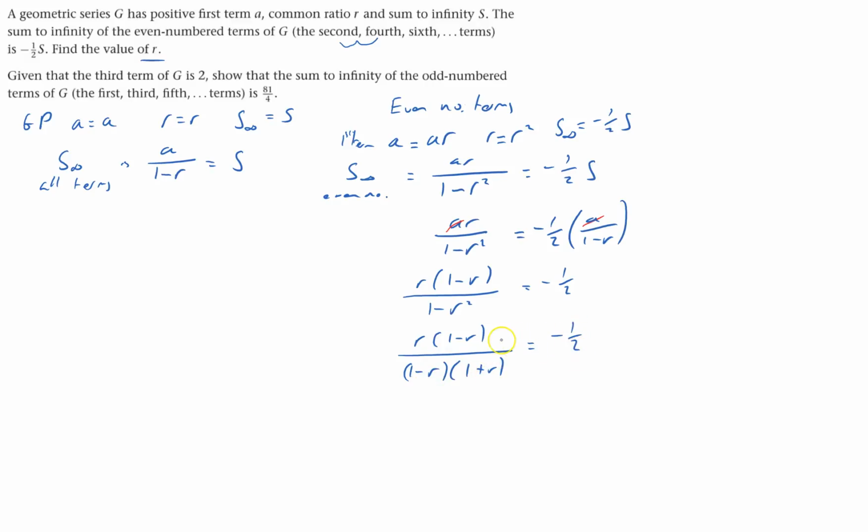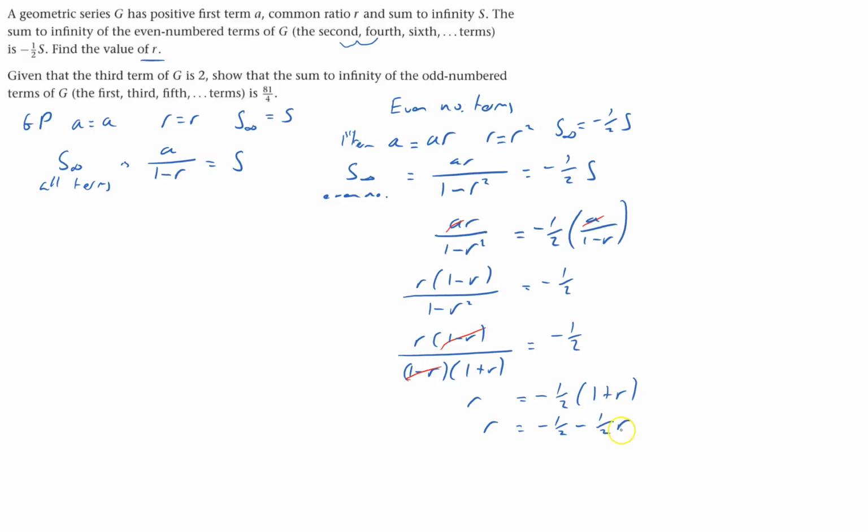That equals minus a half. The 1 minus R and 1 minus R cancel out, and so that gives me R equals minus a half times 1 plus R. So R equals minus a half minus a half of R.